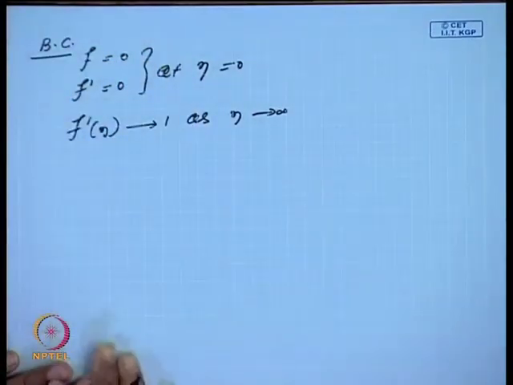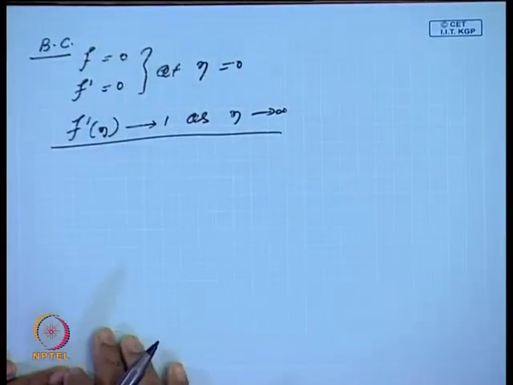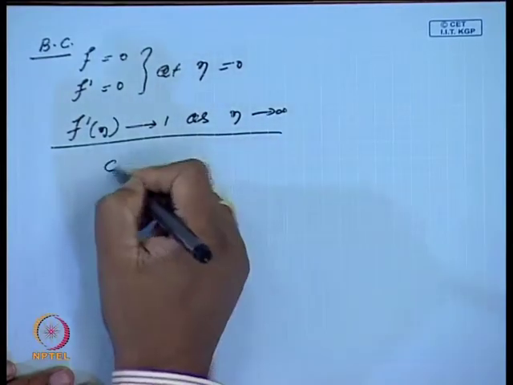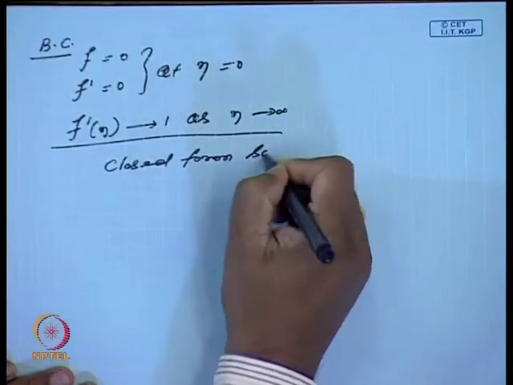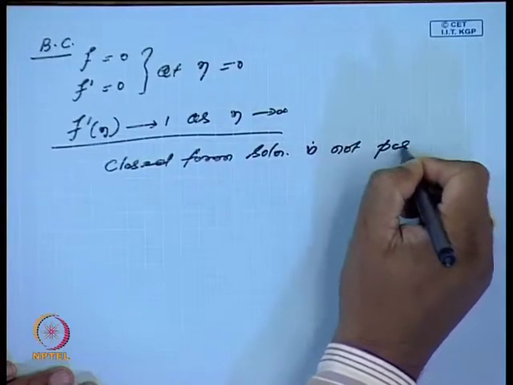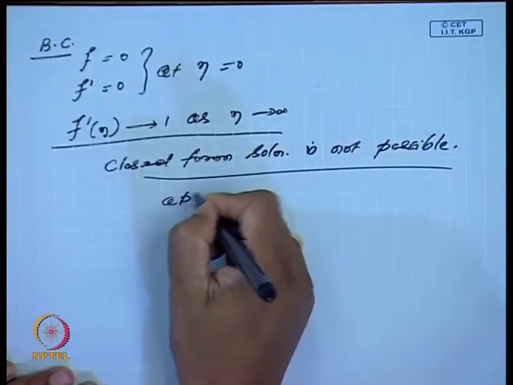So we are solving this nonlinear differential equation subject to these boundary conditions, and as I have mentioned, a closed form solution is not possible. So we will go for an approximate solution by numerical methods.